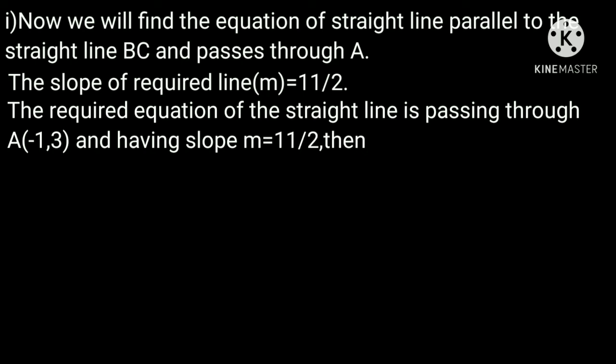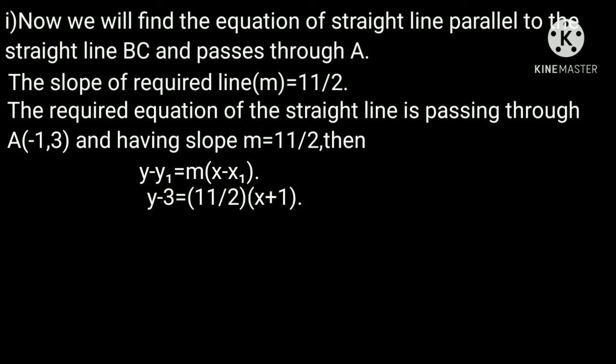Then the straight line equation is y minus y1 equal to m into x minus x1. Here we substitute the x1, y1 and m values. Then the above equation becomes y minus 3 equal to 11 by 2 into x plus 1. After simplification, 2 into y minus 3 equal to 11 into x plus 1.